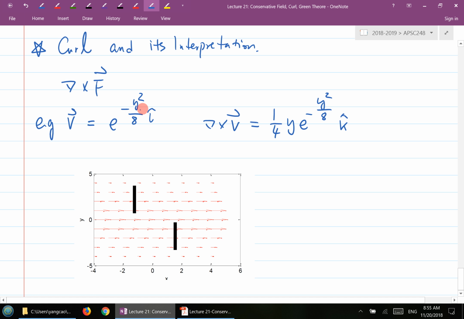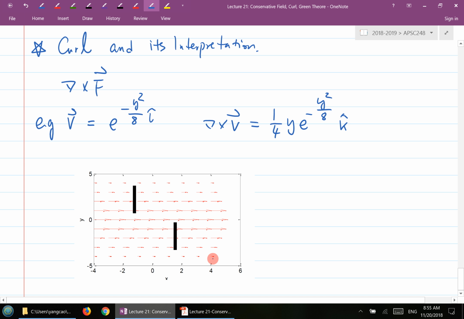Makes sense, right? The exponential decay function. So this should remind you of the flowing of a river, right? If you observe the water flow in the river, the water tends to flow faster in the center of the river and then slow down as it's close to the bank of the river.